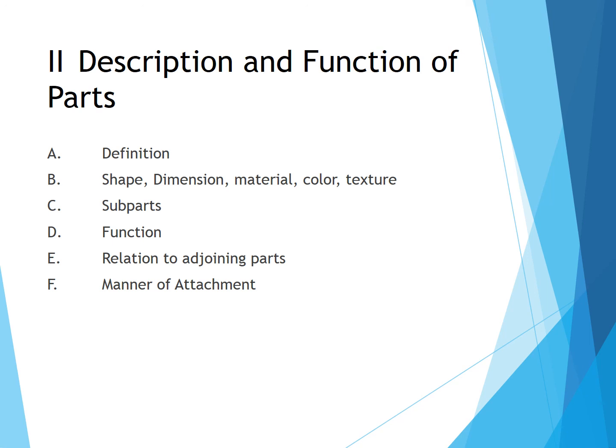If you're going to change the oil in a car, the oil filter is a part that you need, right? What would be an example of a subpart for an oil filter? How about the rubber gasket that you have to put a bead of oil around before you screw the filter on. That's an example of a subpart. Not all subparts have to be mentioned or described, just ones that are important to the discussion.